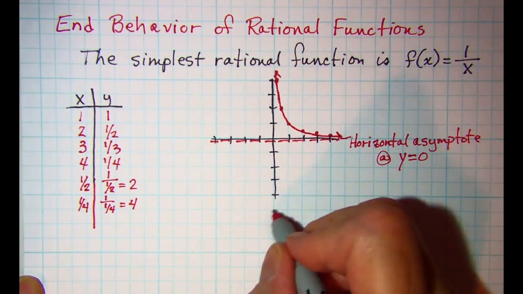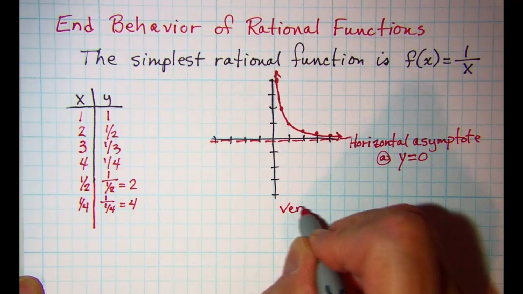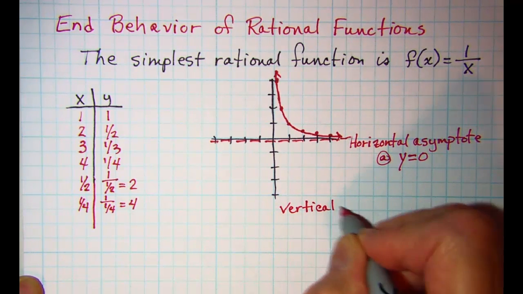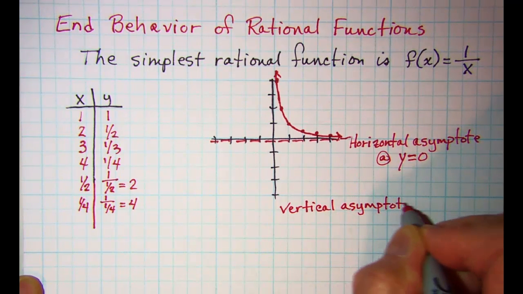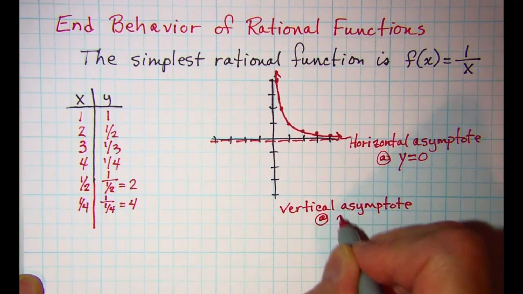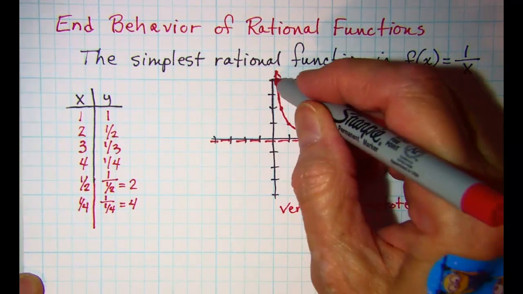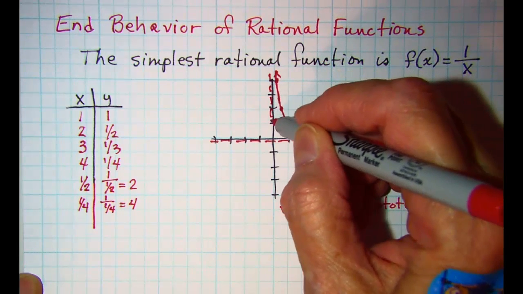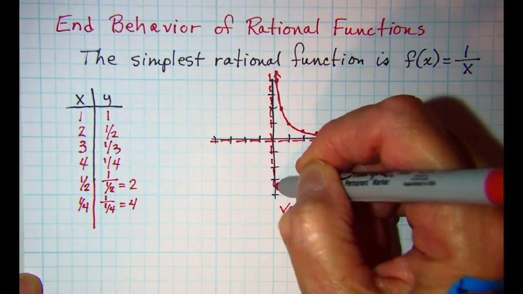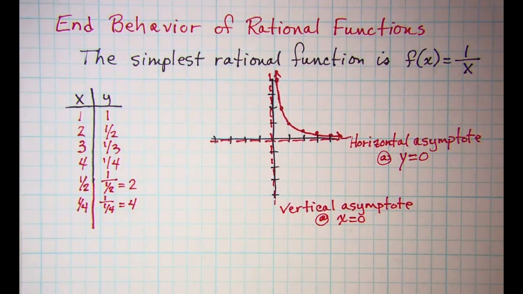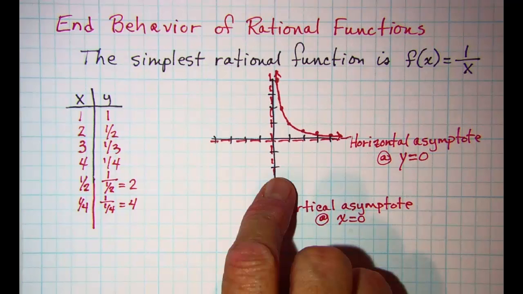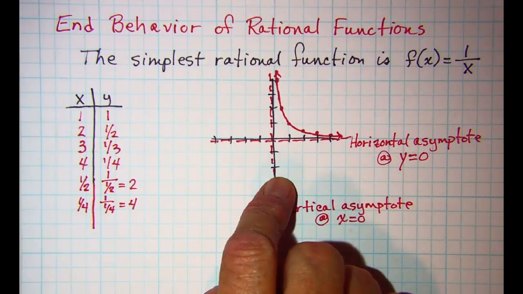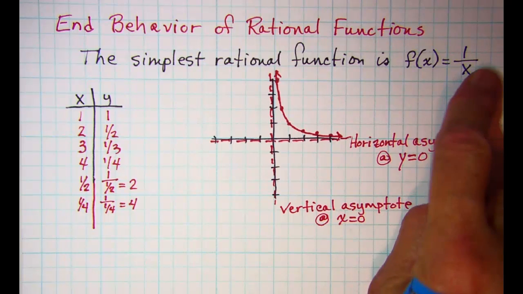And we have a vertical asymptote at x equals 0. And that's this vertical line right here. So we indicate our asymptotes with dotted lines to show that our curve will never cross this vertical asymptote, because x can never equal 0, since that's undefined.